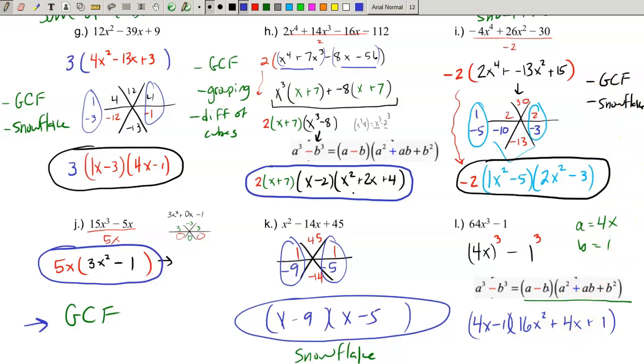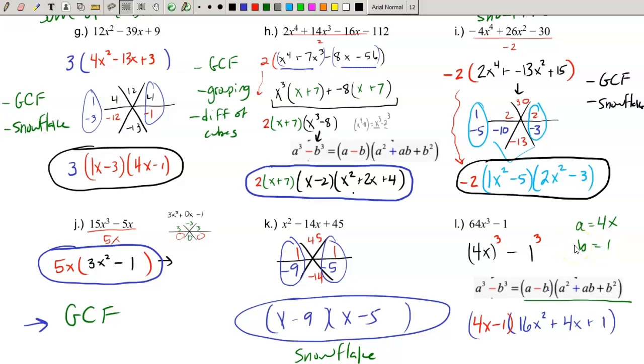Now, clearly this first thing right here, 4x minus 1, is already factored as far as it's going to go. But can you take 16x squared plus 4x plus 1? Is it possible to factor that any further? Again, I've done so many factoring problems that I know that's not factorable.